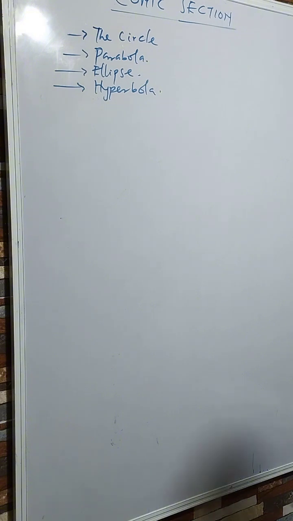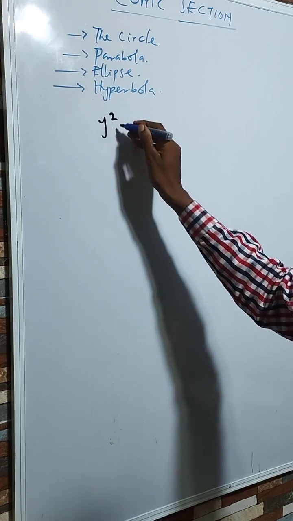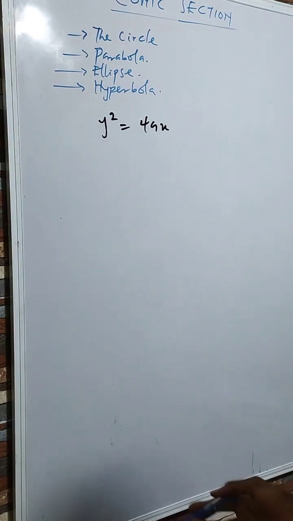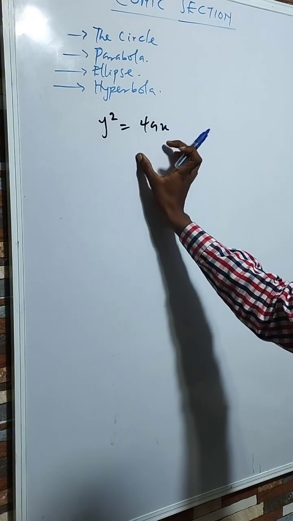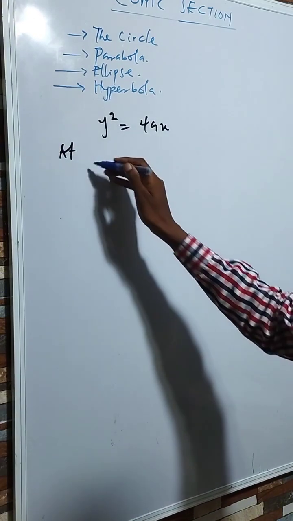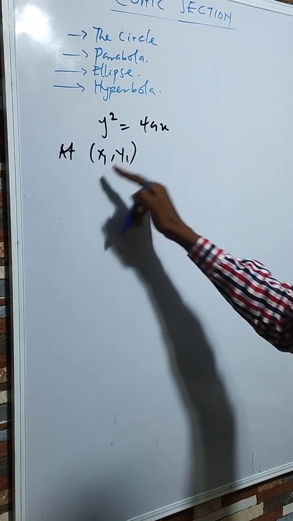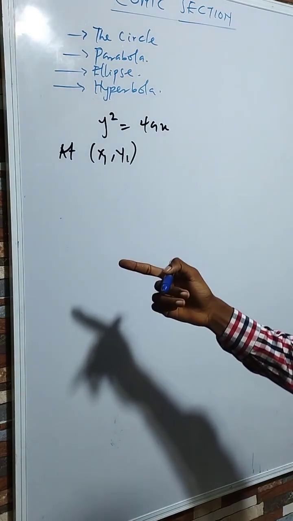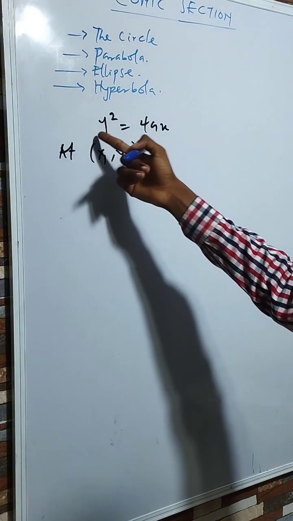What I'm trying to explain is that we know y squared equals 4ax. Now if we translate this format to be at x1, y1, this x1, y1 is the vertex. That means it is no longer at the origin, as in the case of this.